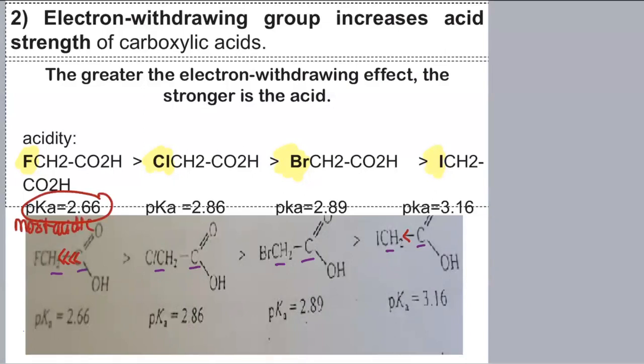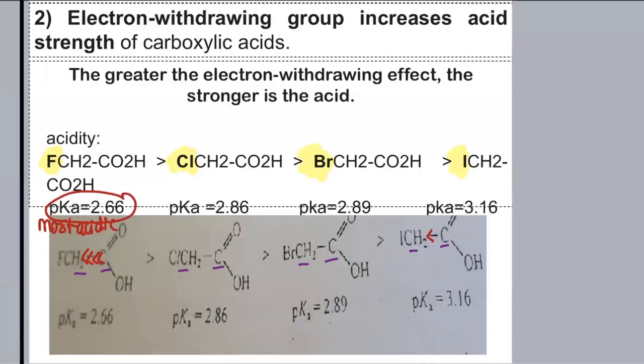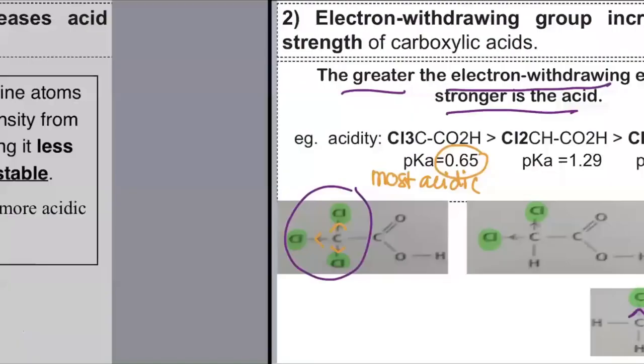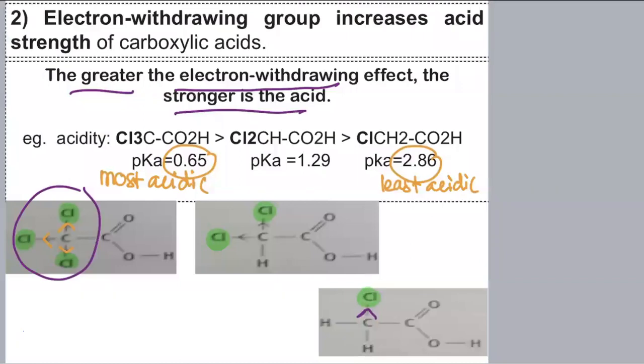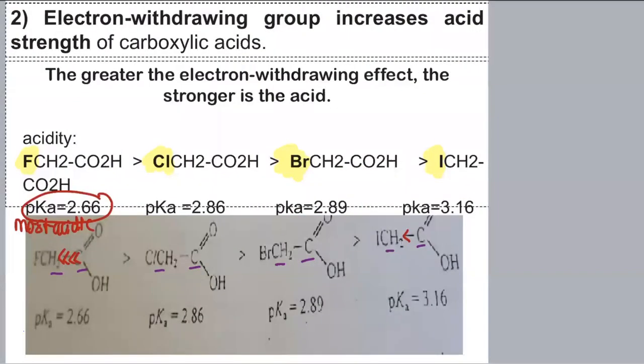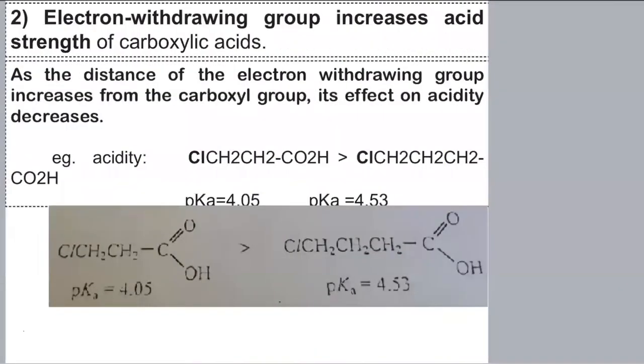Notice that they are only changing one factor at a time. The first one is the number of electron withdrawing groups: 3 versus 2 versus 1. Here is the type or strength of electronegativity, with fluorine being the most electronegative and iodine the least electronegative. The last one is the distance.